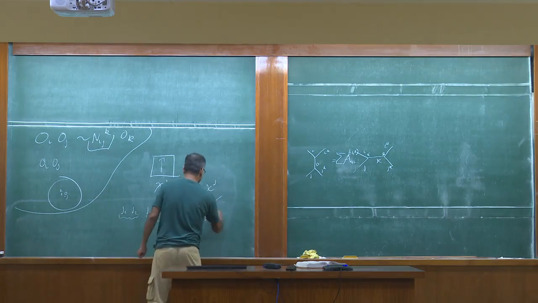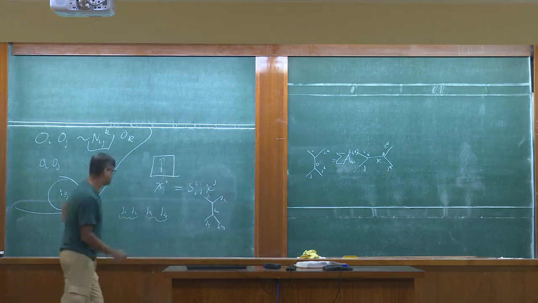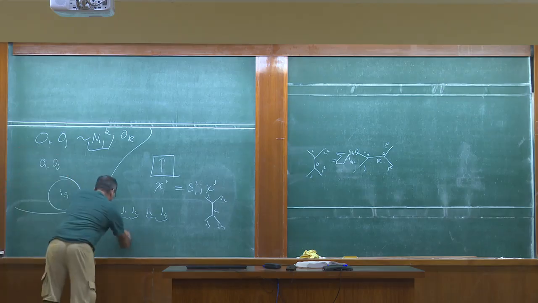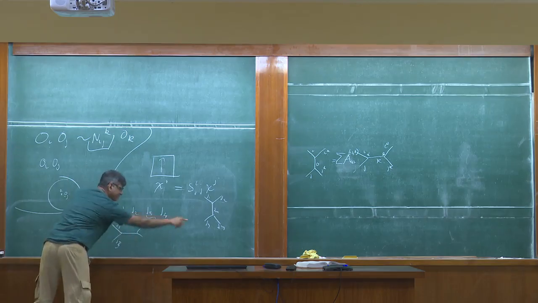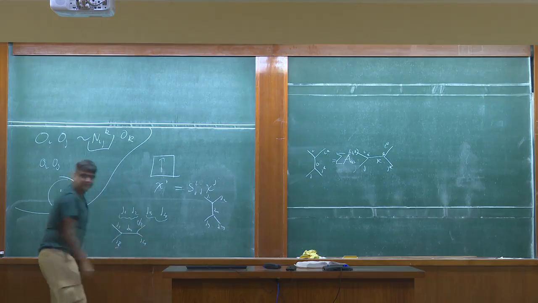Let me draw that this way: J1, J2, Jm, J3, J4. Okay? But another way would be to do the analog of this: J1, J2, J3, Jn, J2, J4. That would be a second way to do it. You understand what I mean, right?